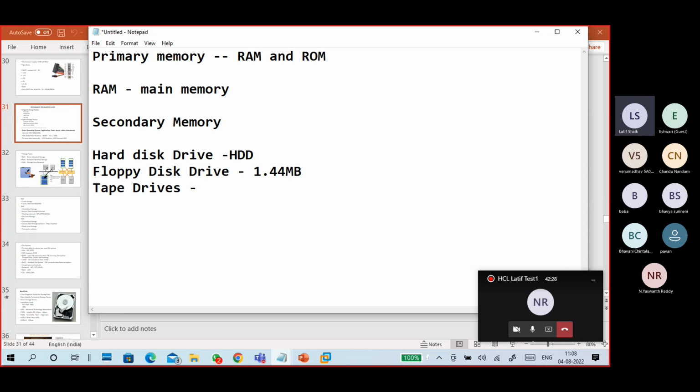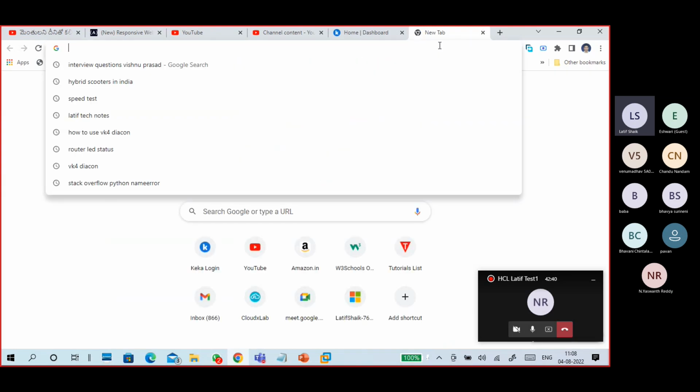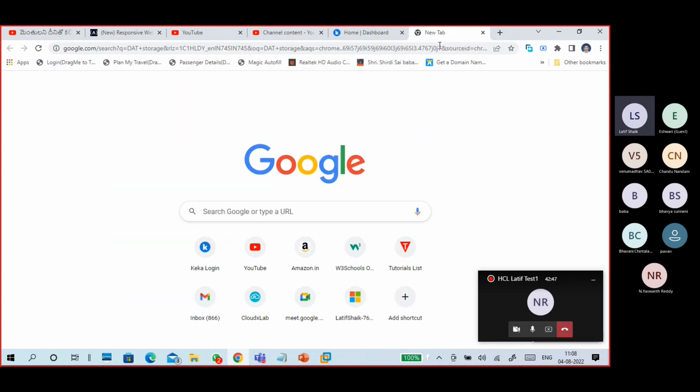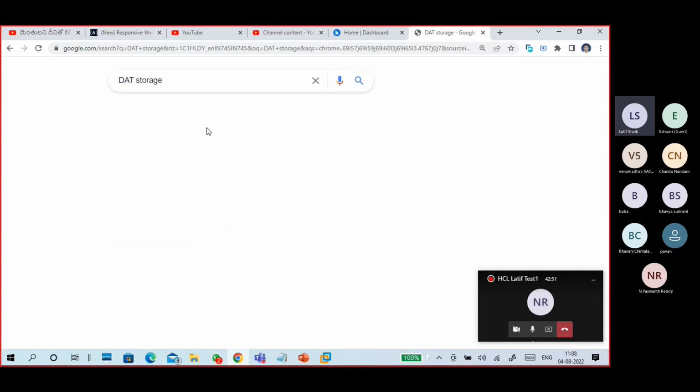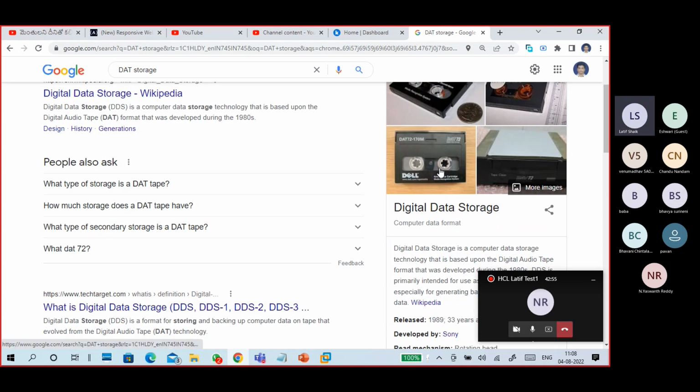What is this tape drive? In olden days, we had classic tapes for listening to songs. Look here, it is DAT storage, digital audio tape; the name changed to digital data storage.